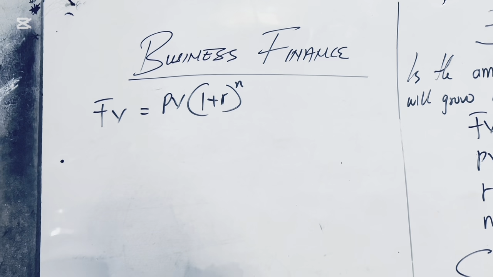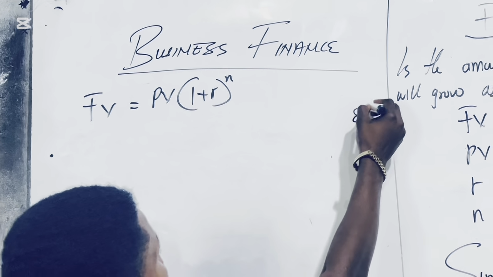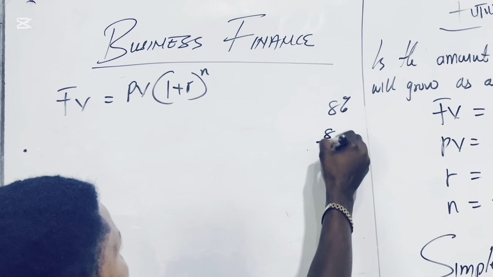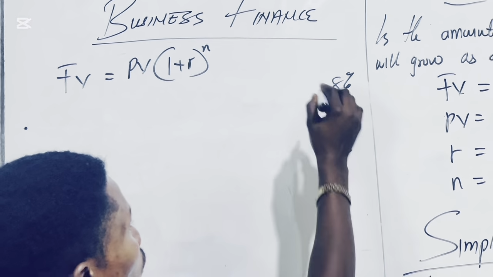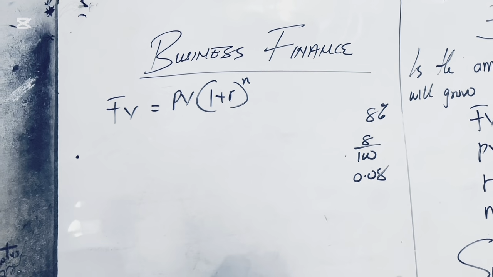When we say expressed as a percentage, if you are given 8%, your r becomes 8 over 100. That is 0.08. That is what we are trying to say here.